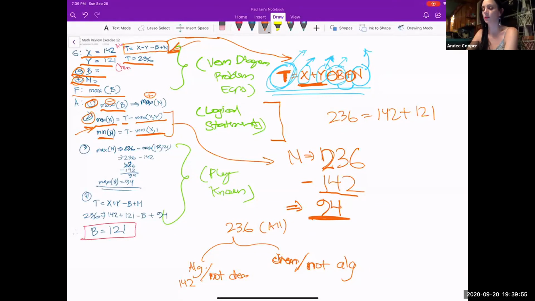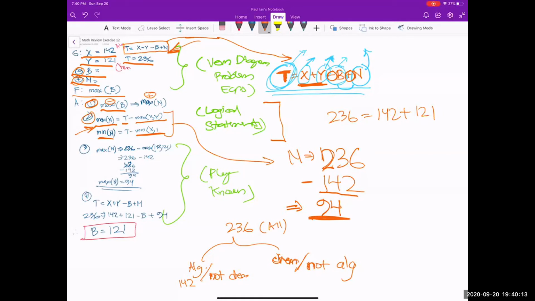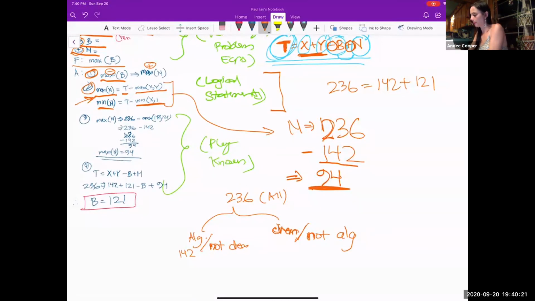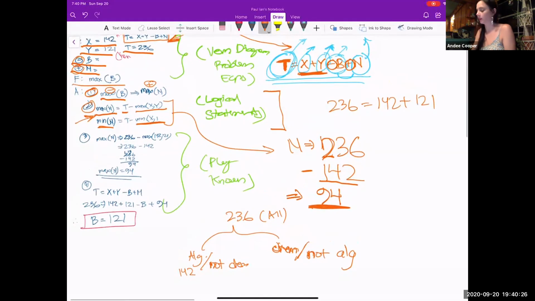So 263 is 142 plus 121, and then I subtracted 236, which is the total number, which made sense to me that would be the double. Okay. But that's not the answer though, right? No. What's the answer? 121, just like you got.